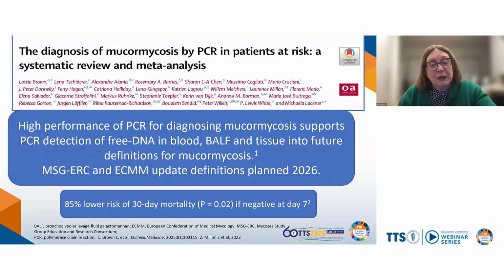The best sample was BAL fluid, but blood and tissue were close behind. This group made a case for including it now in the definitions of invasive mucormycosis, invasive fungal infections. These definitions are due to be updated by MSG and ECMM later this year, so it'll be interesting to see if this is the case.